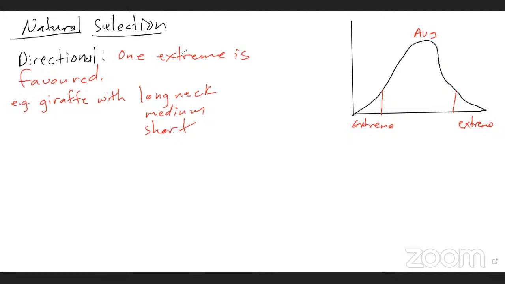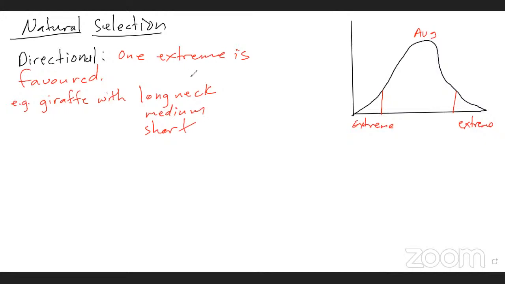So we said that it is favoring one extreme. So in this example, if giraffes have tall necks, they can reach high up in the trees, right? If they are short, they cannot reach it. Medium, yeah, to some extent.